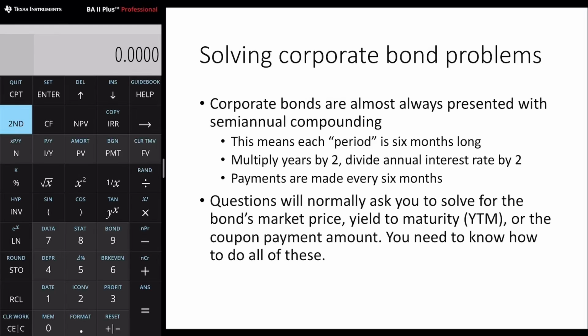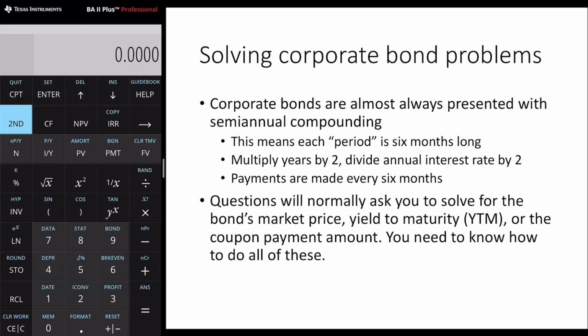Typically these questions will either ask you to solve for the price of the bond, the market price of the bond, or it'll ask you to solve for the yield to maturity. Now, the yield to maturity represents the rate of return that I would receive if I were to buy the bond today and hold it until it matures.